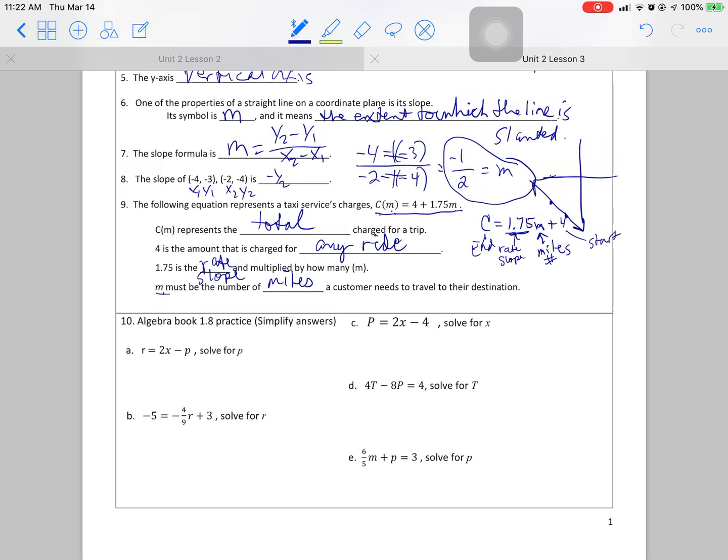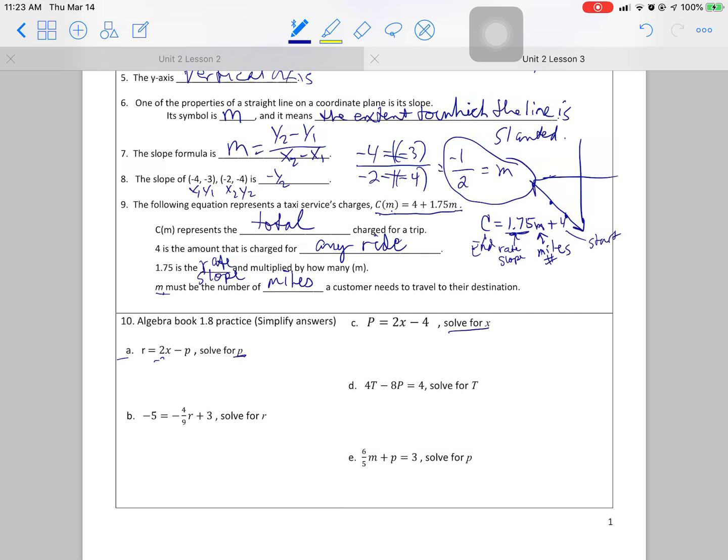Okay, now we're going to go back and practice something you don't like that was in chapter 1.8 that had to do with simplifying and solving for other letters. Okay, so notice that there are two letters. Let's see, I should start with A. Let me go over here. Notice that there are two letters, two variables in this problem, actually three, R, X, and P. This one says make sure we get the P alone on one side.